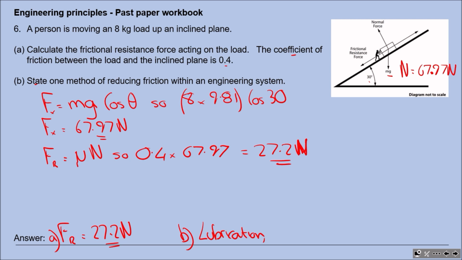You could look at changing the materials, to give you a different coefficient of friction, which would either reduce or increase it depending on what materials you selected. Another option is putting some wheels on it, which would also reduce the amount of frictional resistance. There are a number of other answers to that question.